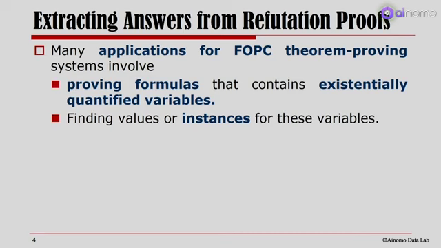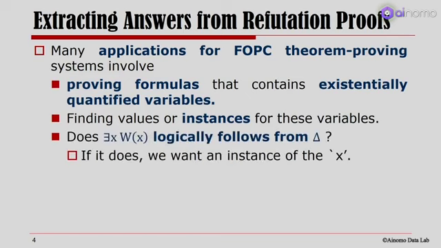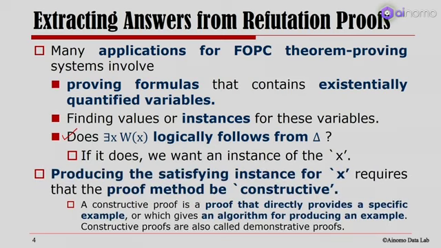Proving formulas that contain existentially quantified variables and finding values or instances of these variables would mean that I could not only say that there is an x such that w(x) logically follows from the initial clause set, I would also be able to get an instance of x. Doing this, I can produce the satisfying instance for x. Now, this requires that the proof method is constructive.